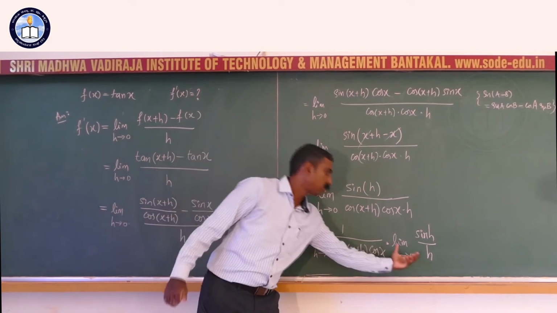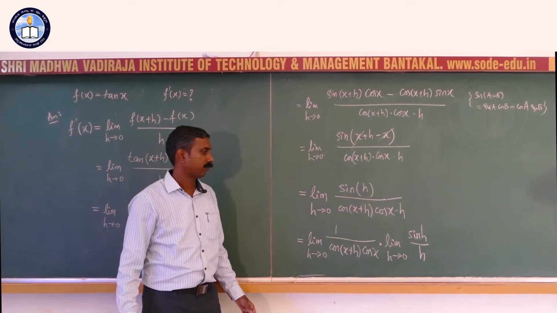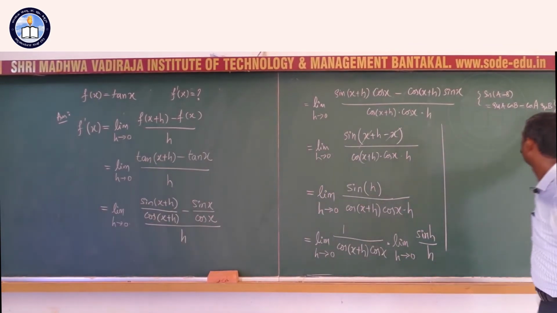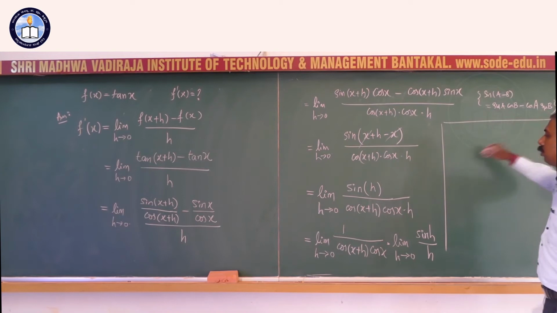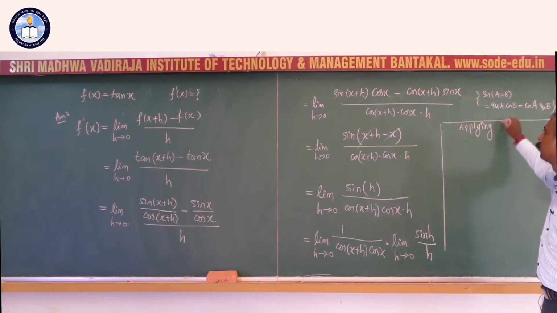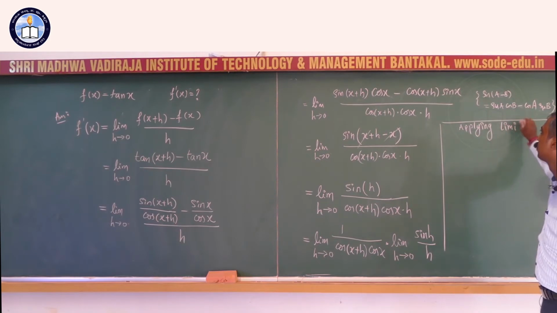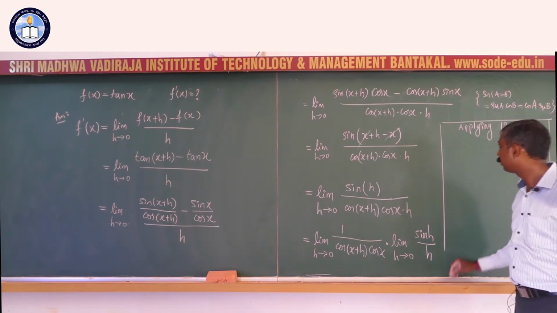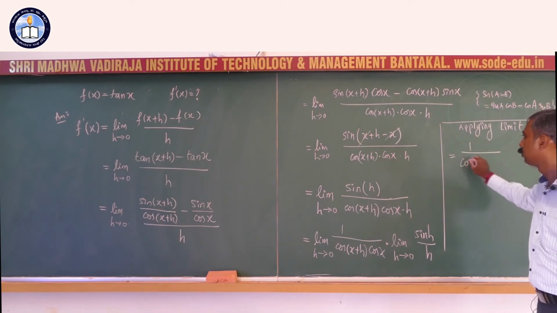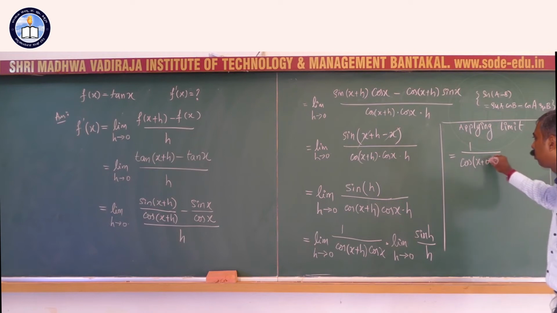When you apply the limit, what is this? This is 1. So applying the limit, you have 1 divided by cos of x plus 0 into cos x into 1, from the theorem.